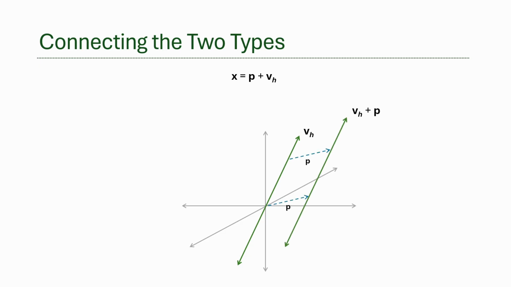So geometrically, the solutions of a non-homogeneous system are a translation of the solution set of its homogeneous counterpart. This is giving us really our first glimpse into the deeper structure underlying these systems of linear equations.